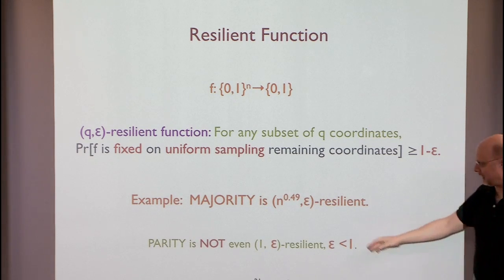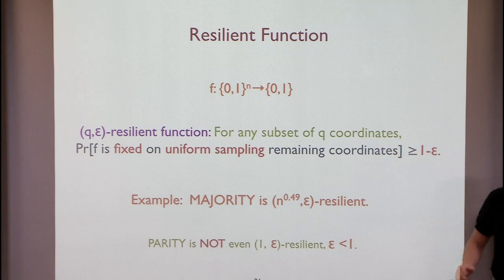Or as a negative example, think of parity. Parity is terrible from this point of view, because even if the adversary controls just one bit, the adversary has complete control. Again, we're thinking of the adversary as acting last. The adversary sees what happens with all the rest of the bits, and then the adversary can completely control the function.